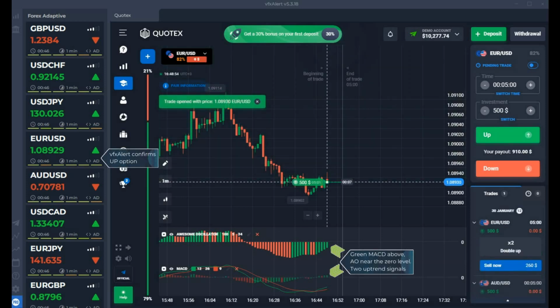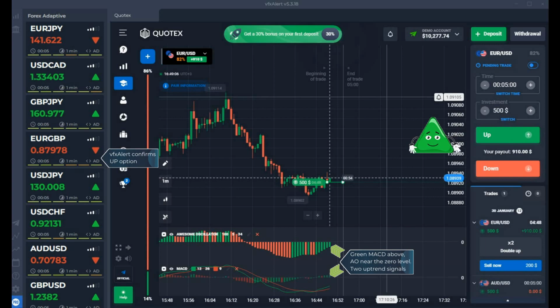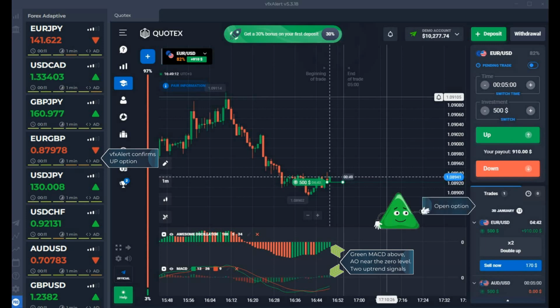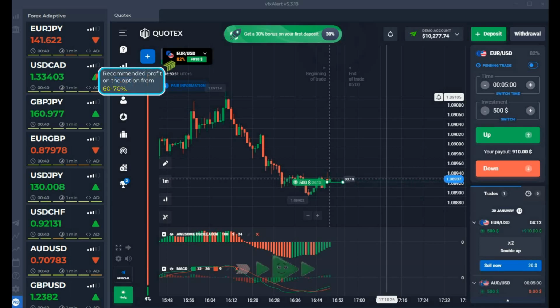Euro dollar again. Upward reversal of oscillator histograms and vfxAlert confirm the third up option. Binary profit is always less than the amount of deals.